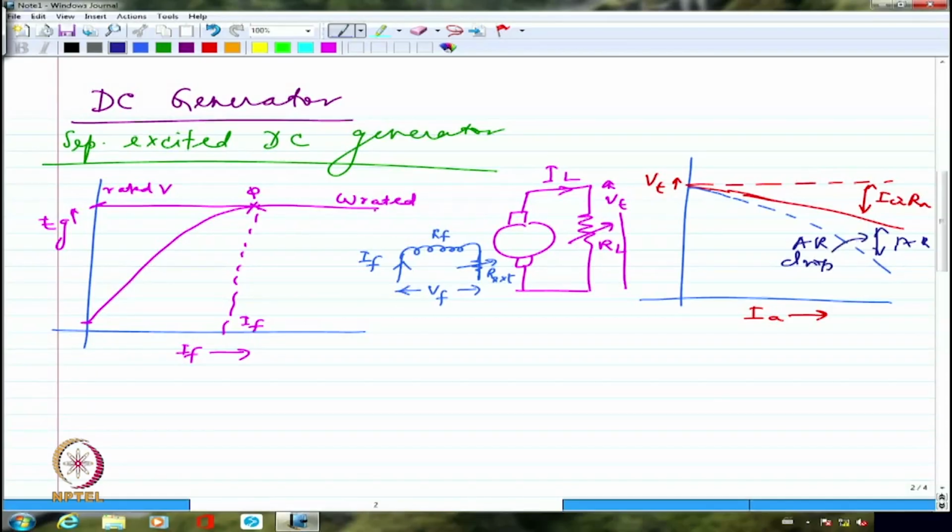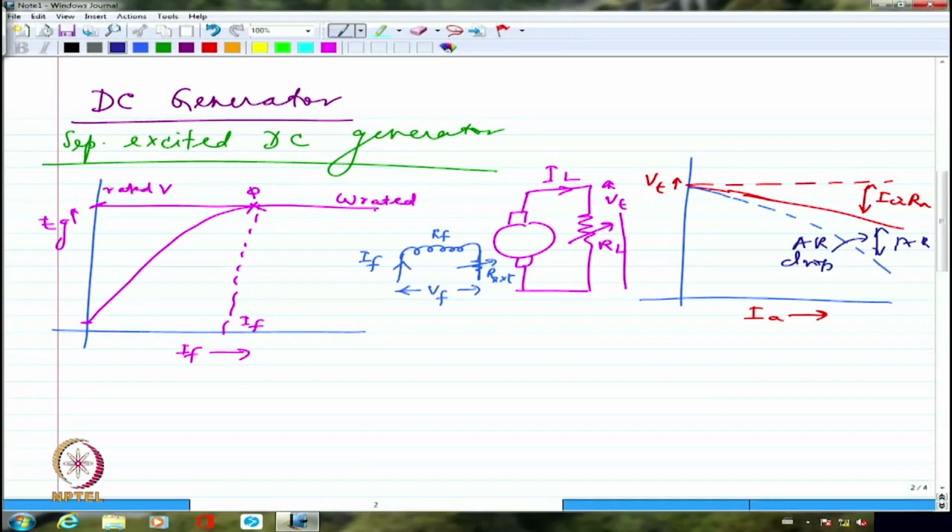The armature reaction drop gets more and more pronounced when I have larger and larger armature current, because the effect of the armature flux is much more influential when I have larger and larger currents through the armature.